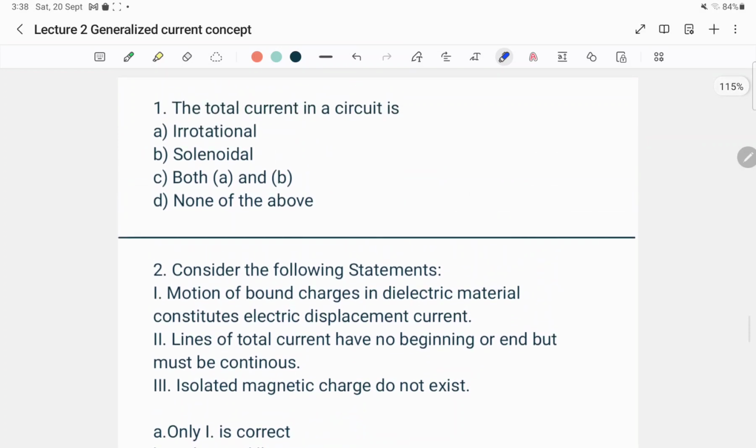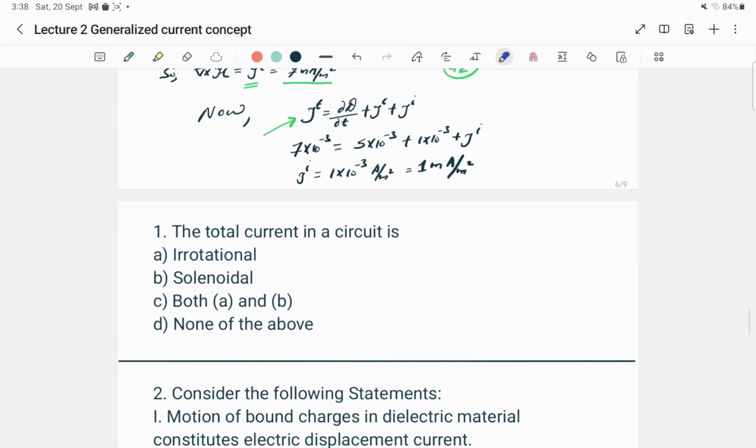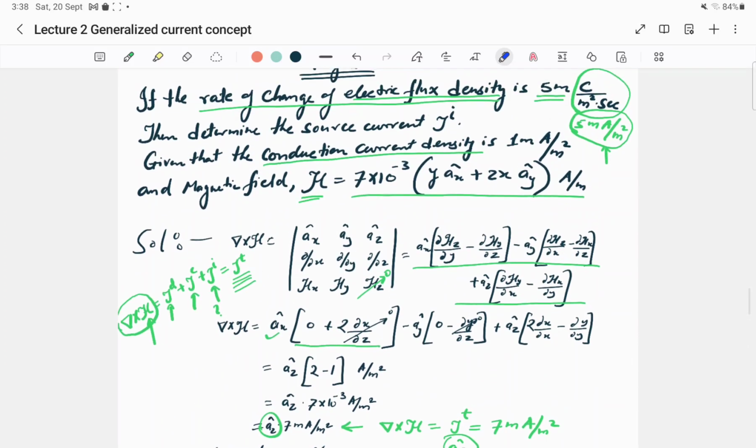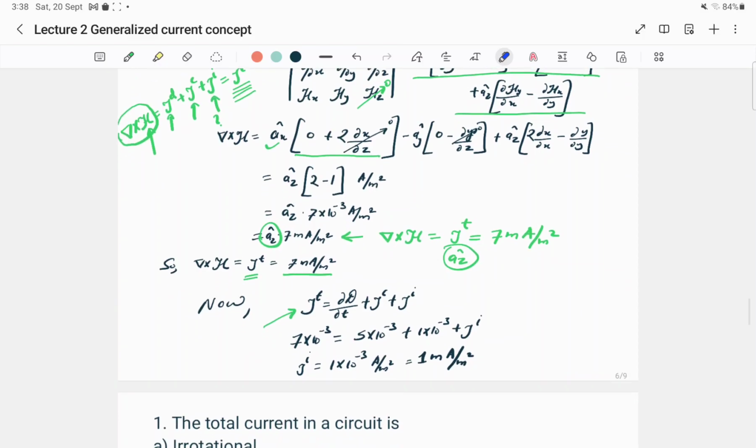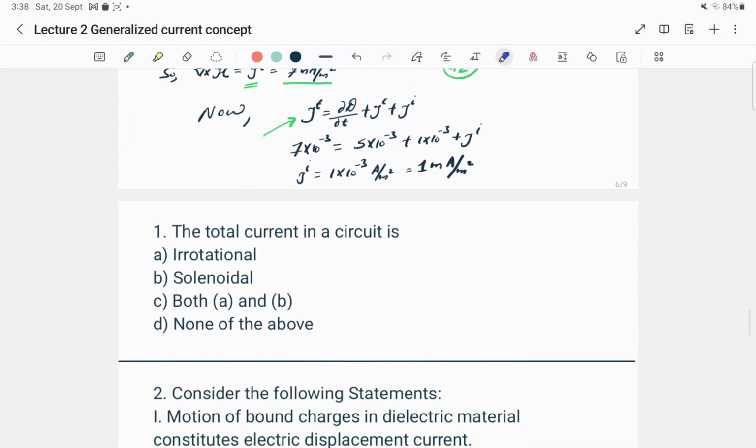If you have understood this lecture, you should be able to answer these two questions, and I hope you have understood this numerical type question, which was important in terms of GATE level complexity.